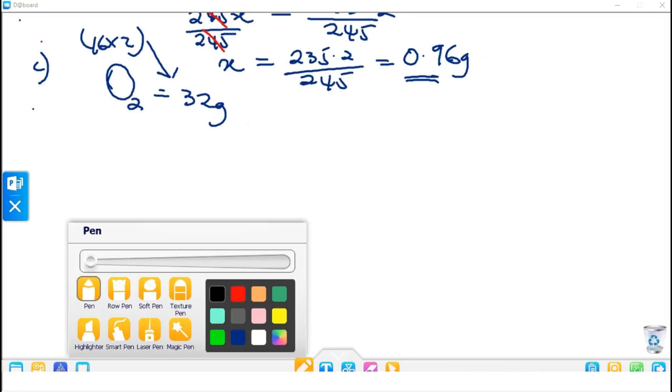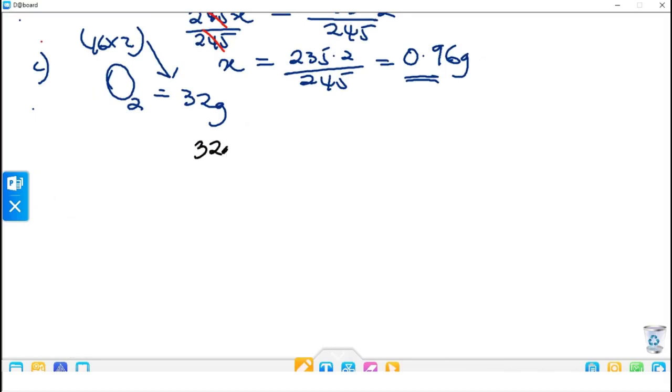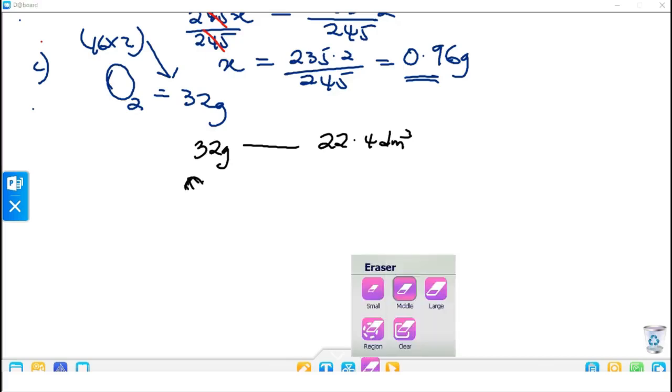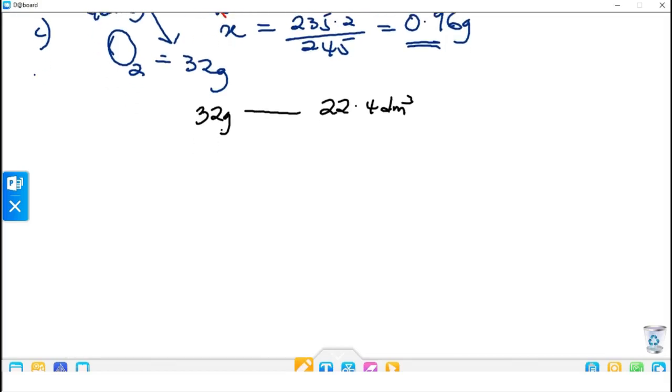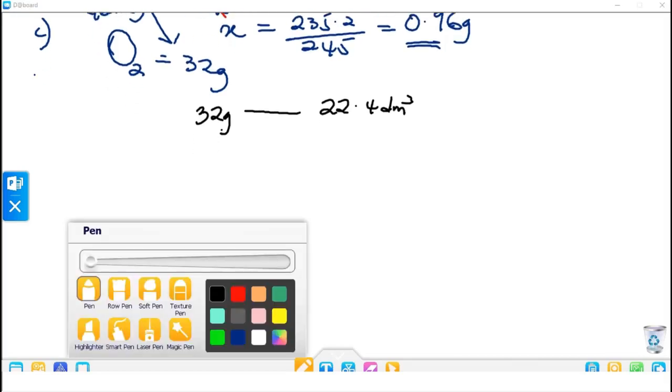From the question, 1 mole of oxygen, that is 32 grams of oxygen gas, will always occupy 22.4 dm cube. Then the mass of oxygen is 0.96 gram. How much volume will it occupy?